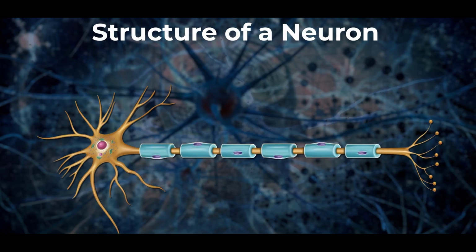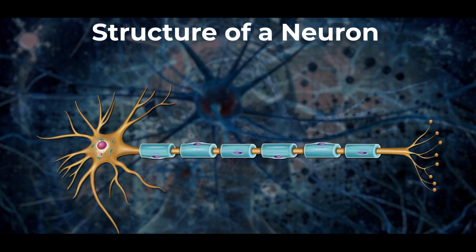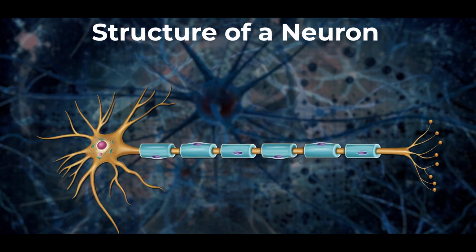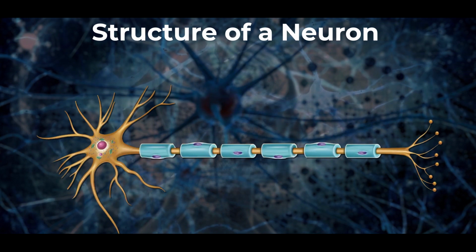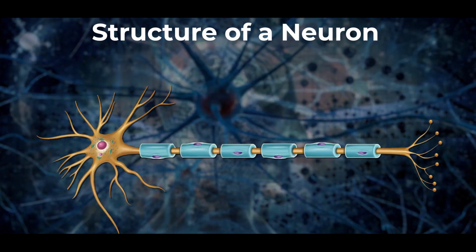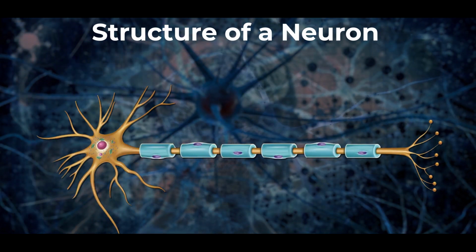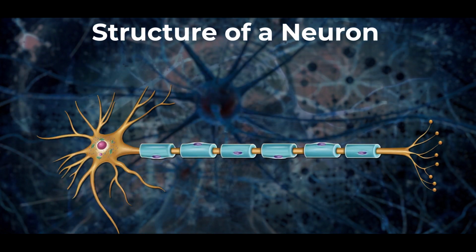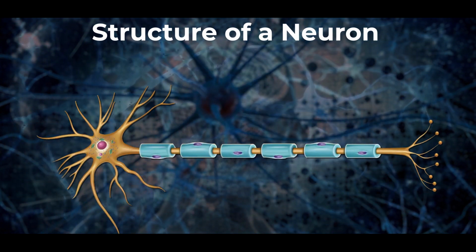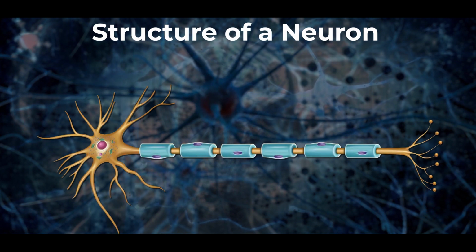Next, before we move on to the transmission of nerve impulse, we have to learn the structure of the neuron. If we are asked to draw it, the structure will look something like this. This is a generalized structure of a neuron.